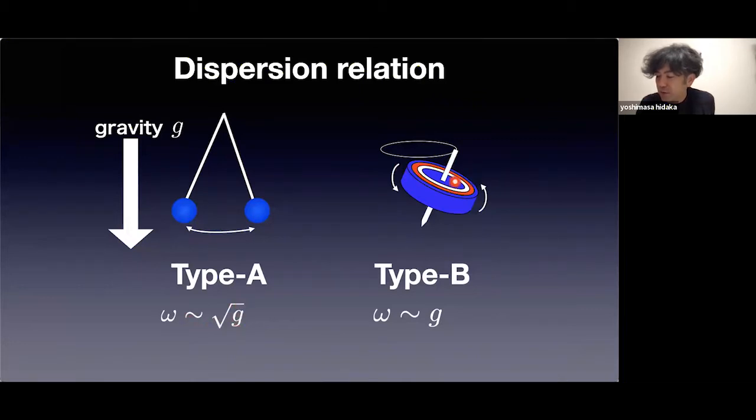On the other hand, for the precession mode, the frequency is proportional to just g. If you replace this g by k squared in the field theory, the type A gives you the linear dispersion. On the other hand, the type B has a quadratic dispersion. This replacement is a bit non-trivial, but if you admit it, you get this result.